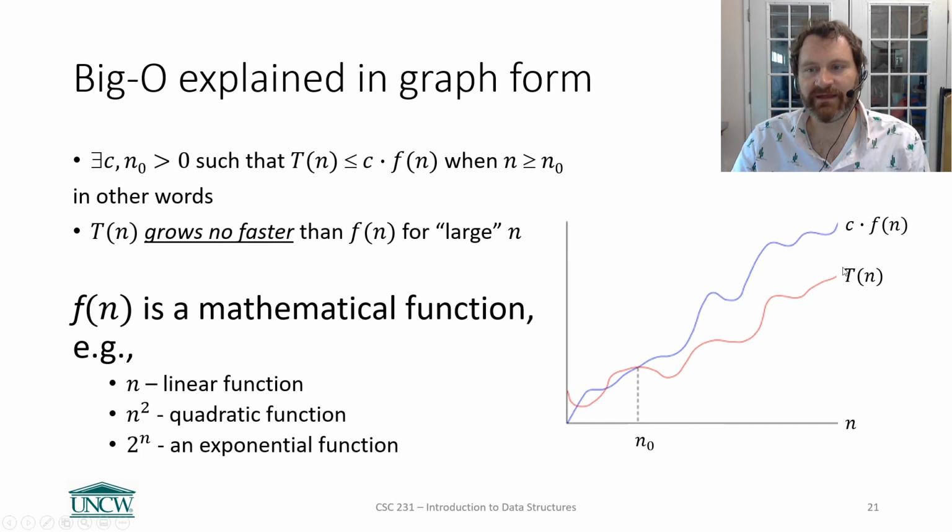So T of n grows no faster than this f of n for bigger values of n. There comes a point called n0 where your function, the thing you wrote, your algorithm, grows slower than some other function multiplied by a constant. That's what big O means in graphical form.